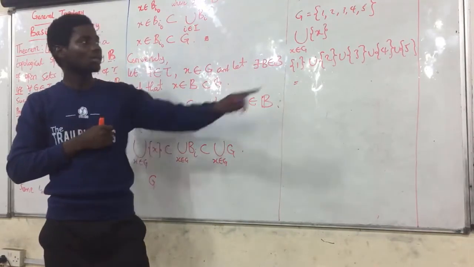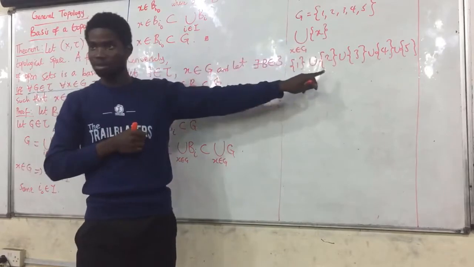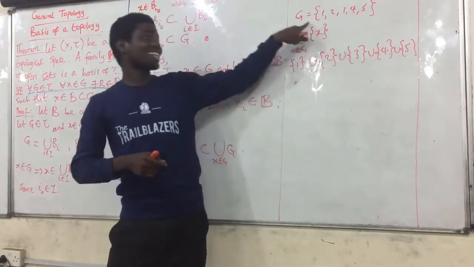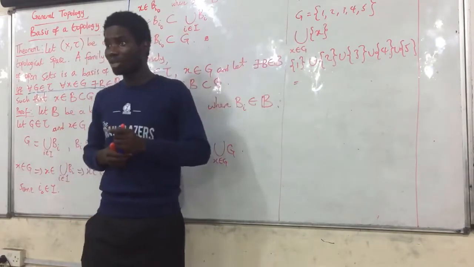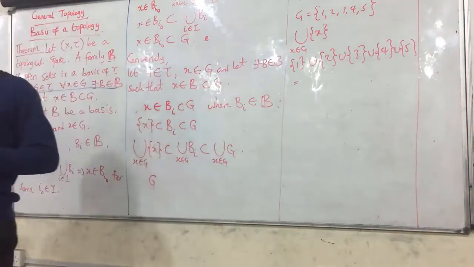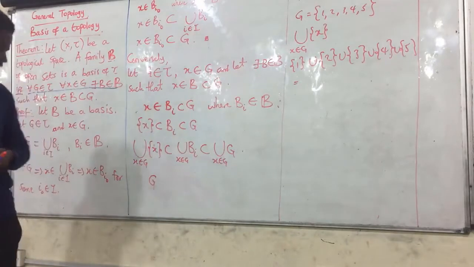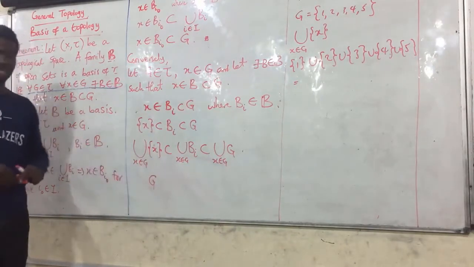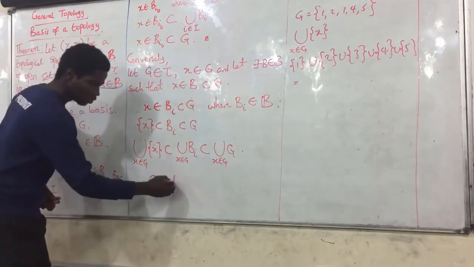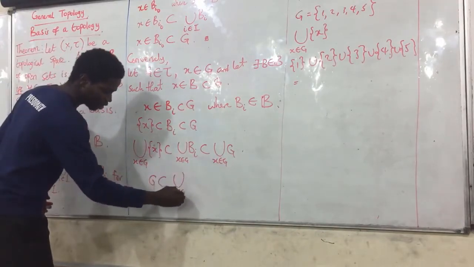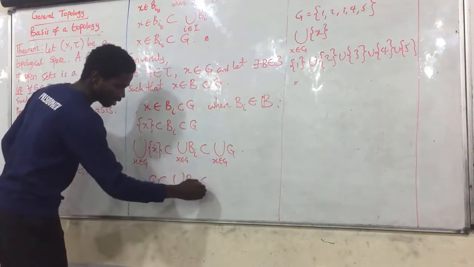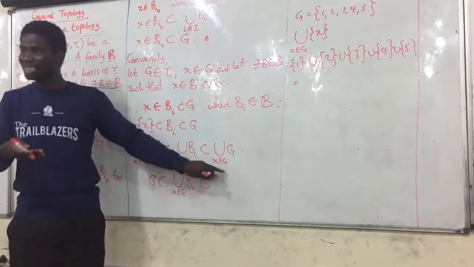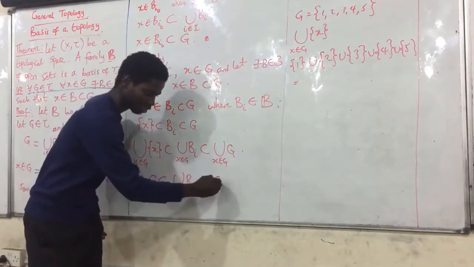Everything will give me 1, 2, 3, 4, 5, which is exactly equal to G. Do you understand what I'm saying? So all this one is G, and it's inside the union of S in G of BI, right? This one, see, union of elements in G, everything is still G.